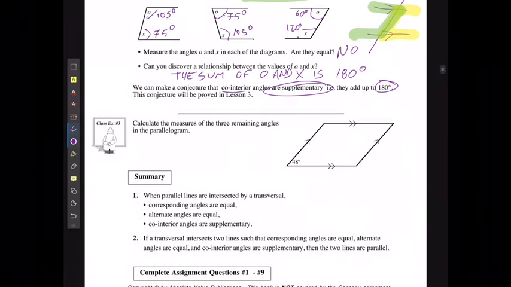If I am calculating the measure of all of the three remaining angles in this parallelogram, well, if this angle is 48 degrees, then this angle is going to equal 180 minus 48 because they're co-interior angles, which means that this angle is going to be 132 degrees.